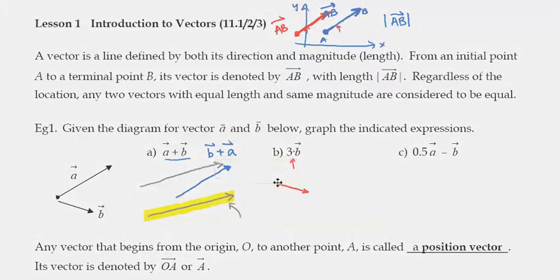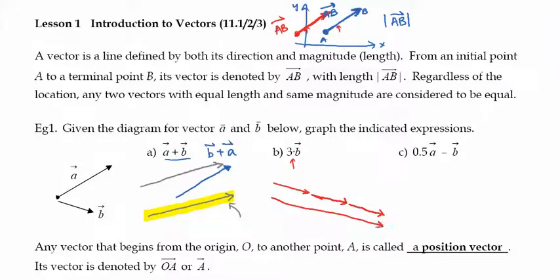So let me copy this vector again, and I'm going to create a new vector here going in the same direction with the same length, and then I go one more time, and that will give us the vector from start to finish that is 3 times the vector b.